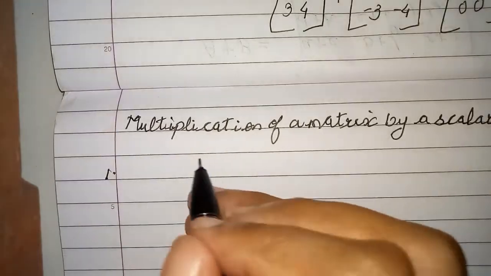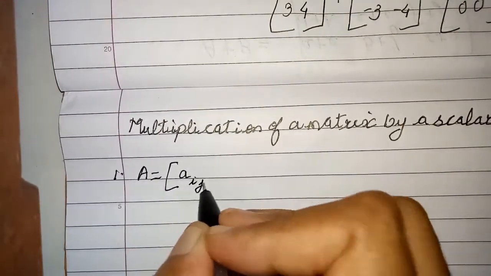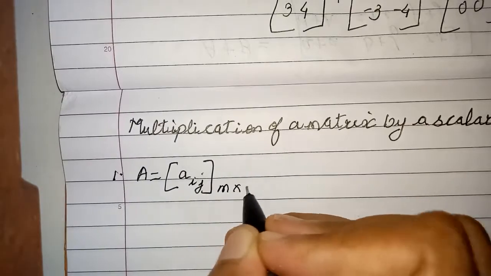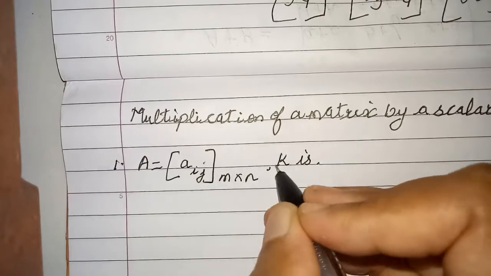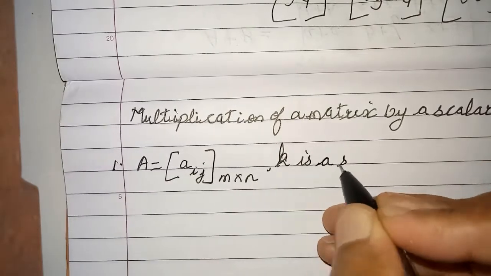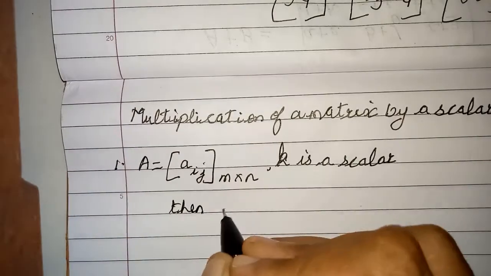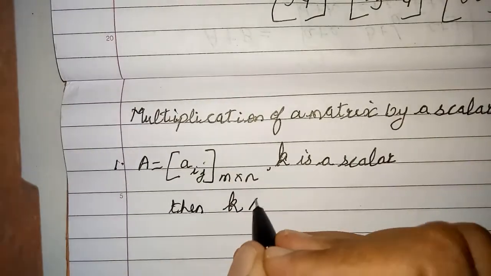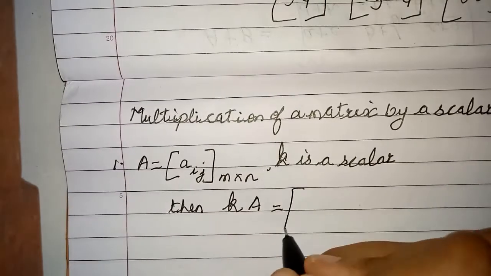So suppose I have a matrix A equal to Aij, and its order is M cross N, children, and I have a small k as a scalar. Then you can have multiplication of a scalar by a matrix. Then how will the entries of the matrix be?